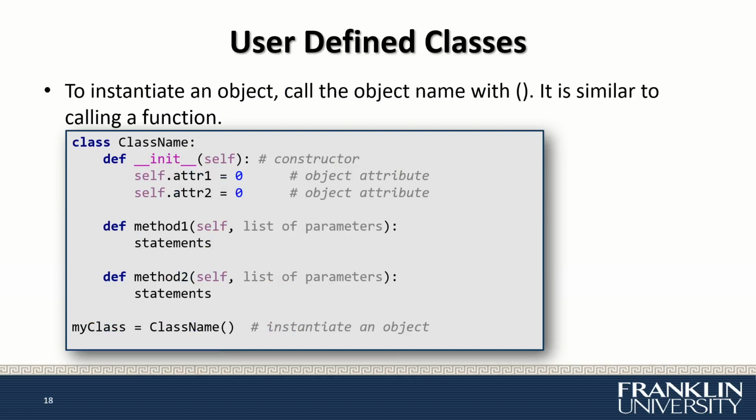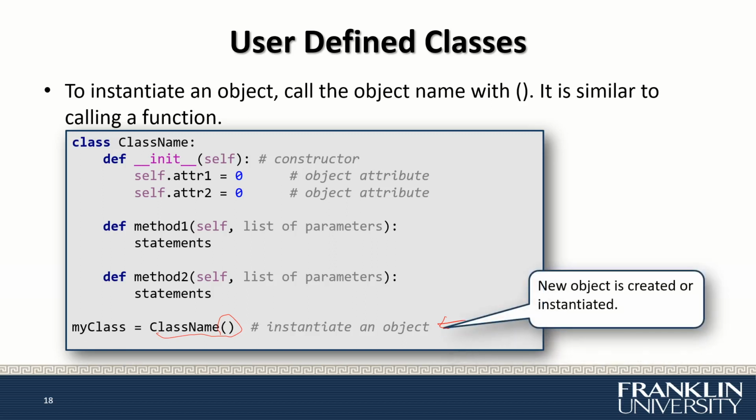So to instantiate an object, call the class name with parentheses, which is very similar to how you call a function. So here I instantiate the object by calling the class name with the parentheses. It's like you call a function. And in this example, the constructor does not have any parameters, but a constructor can have parameters too.